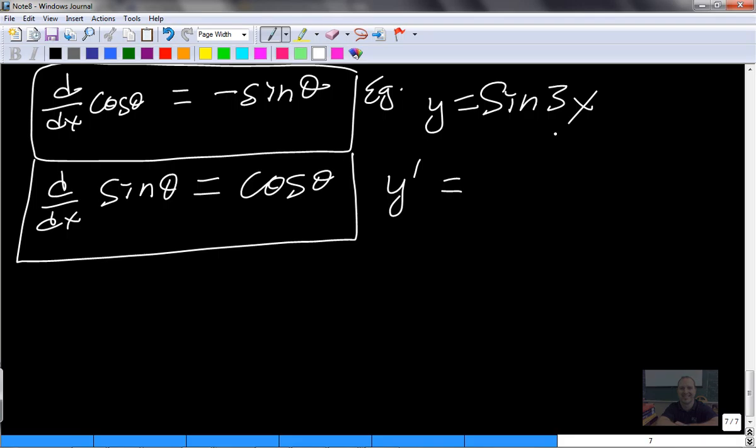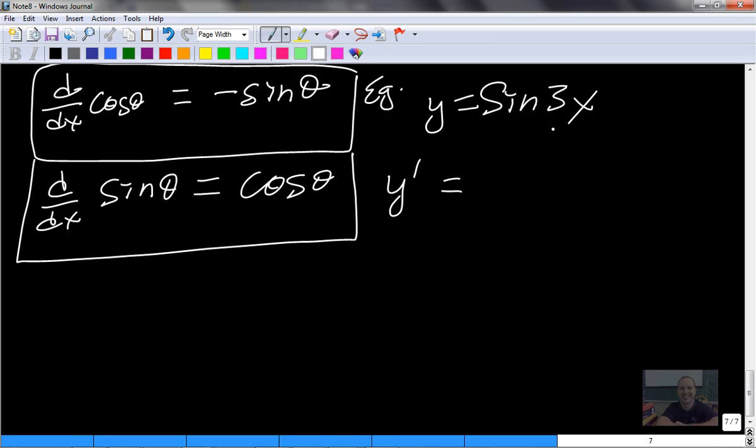Anybody remember? Does it change the amplitude, or the period length, or does it move it left or right, or up or down? Yes, horizontal stretch.